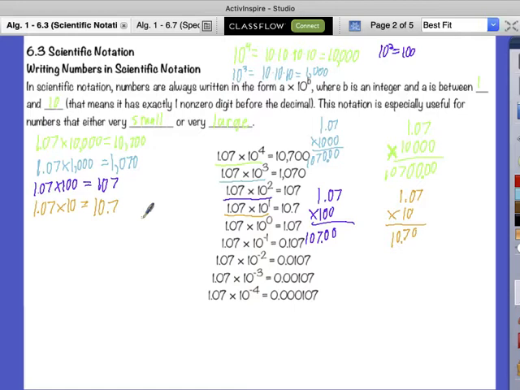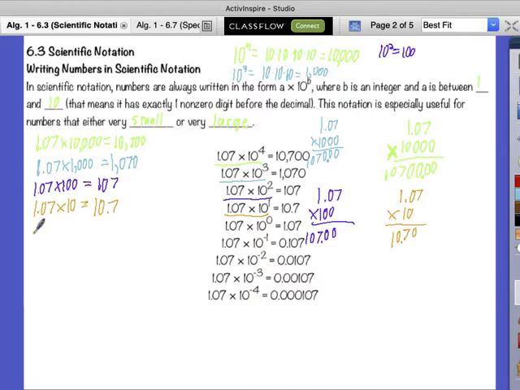So with each of those, we started off with 1.07 each time, didn't we? Now they all ended up getting bigger, didn't they? Can we still see that 107 that we started with in our answer? Yeah. But what happened to our decimal point? It kept moving.